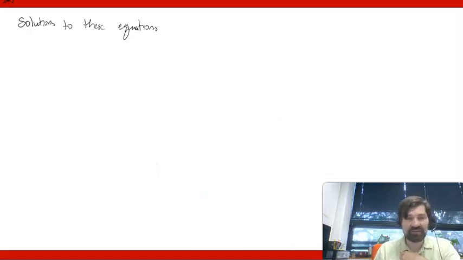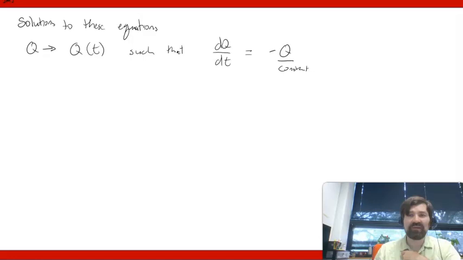So basically what I'm expecting is q should be charge as a function of time such that dq by dt is equal to negative q over some constant. And we'll represent that as negative q over tau.